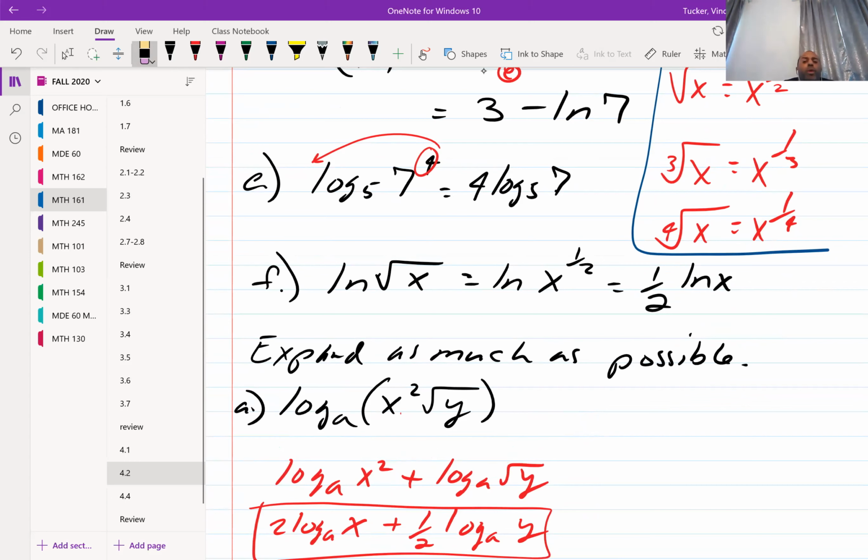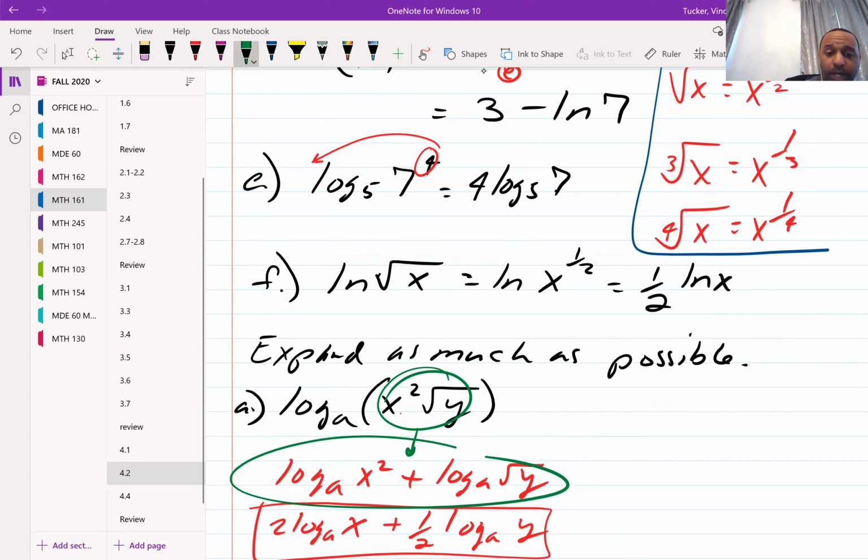Here we have log base a of x squared times the square root of y. Because we have multiplication in here, that means we're going to add our logs. Remember, multiplication is addition. Division is subtraction. Once we expand our logs, we have log base a of x squared plus log base a of the square root of y.